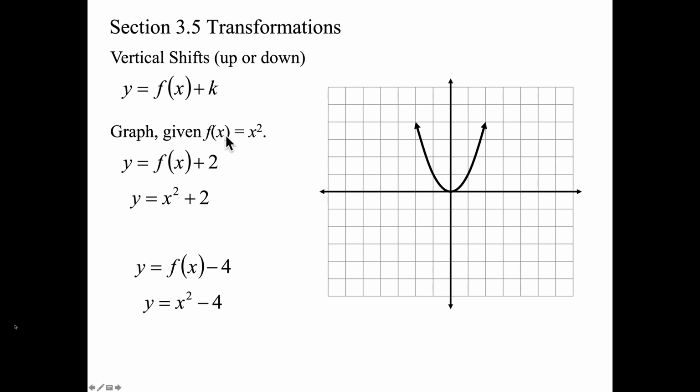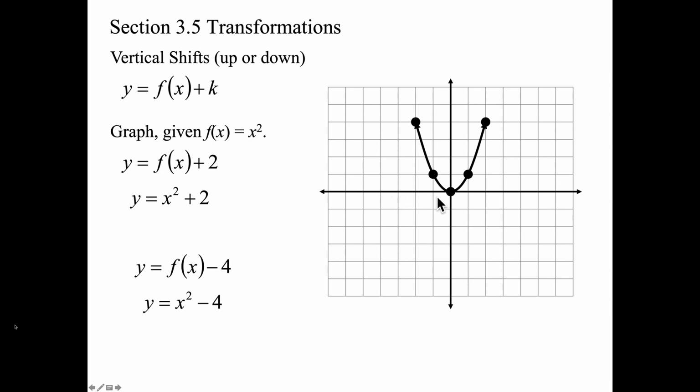So if my graph is f of x is x squared, there's my basic parabola right there. And I add 2 to the outside, so f of x plus 2, or in this case, x squared plus 2. That means every point on this curve has to shift up 2 squares because we're adding 2 to all the y coordinates.